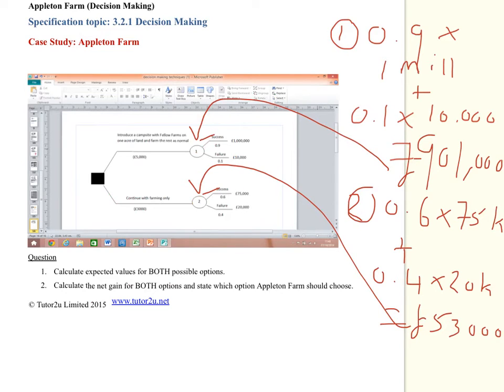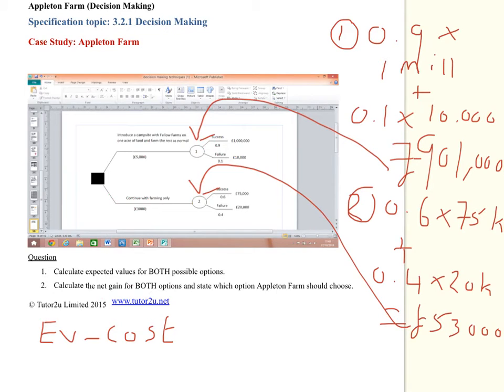So the question asks for the net gain for both options as well. So remember, to work out the net gain, it was just the expected value which we've calculated minus the cost of each potential choice.